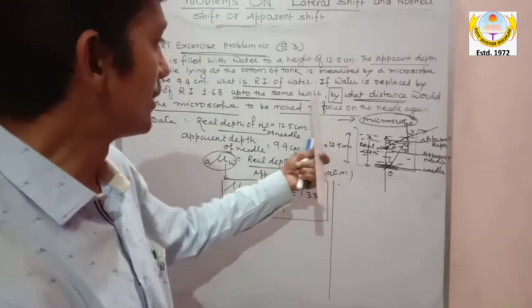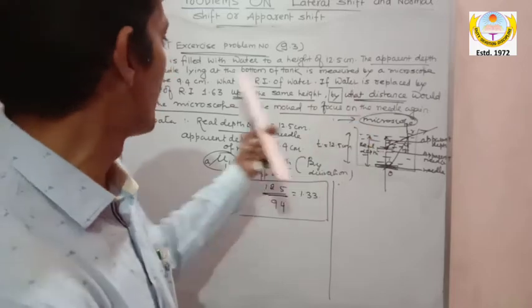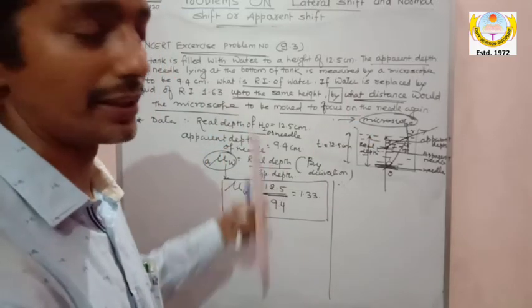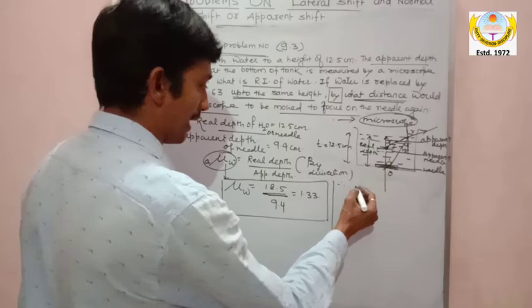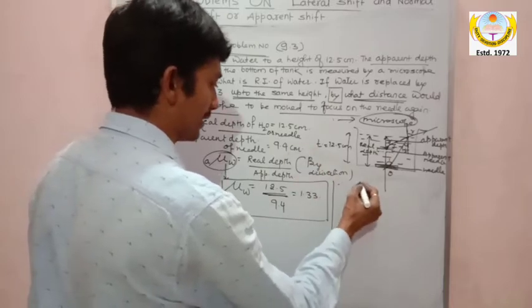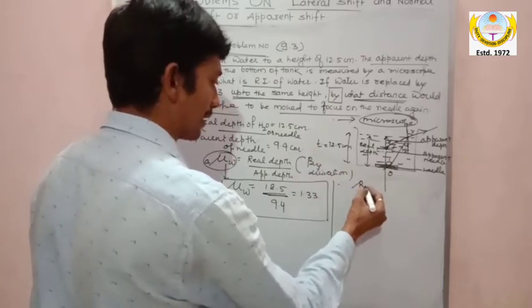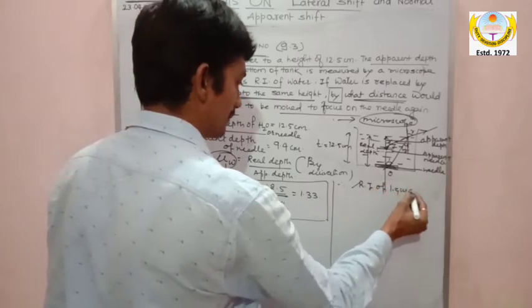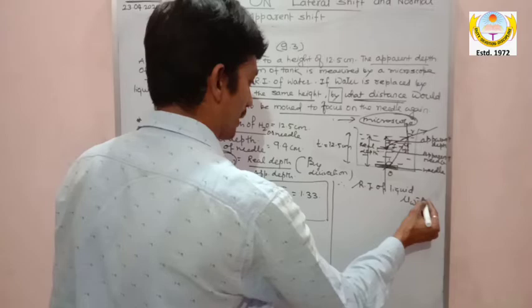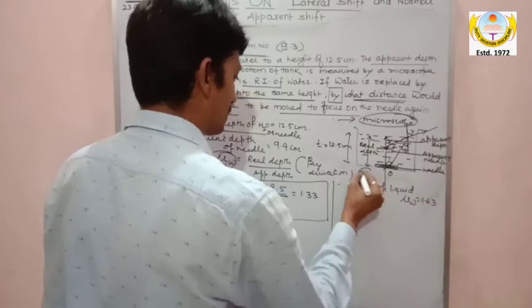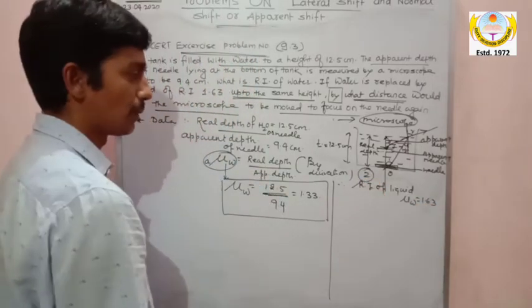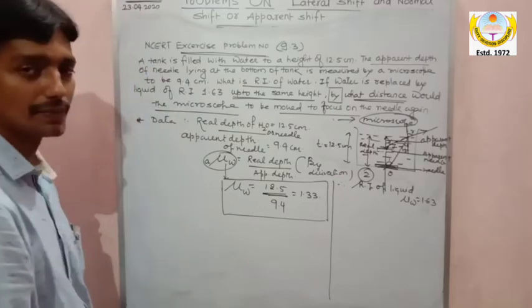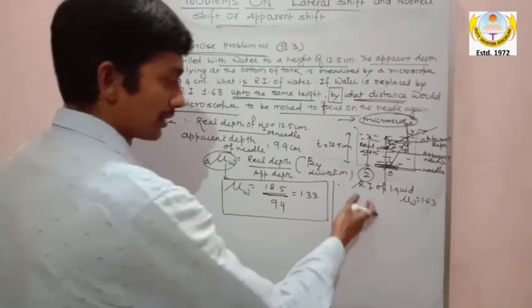Now the next part is: what is the shift if water is replaced by a liquid of Ri 1.63? Now if water is replaced by Ri of 1.63, you can understand that 1.63 is nothing but the Ri of the liquid, that is, mu of water is now 1.63. Second step. So now what to do? So simple.